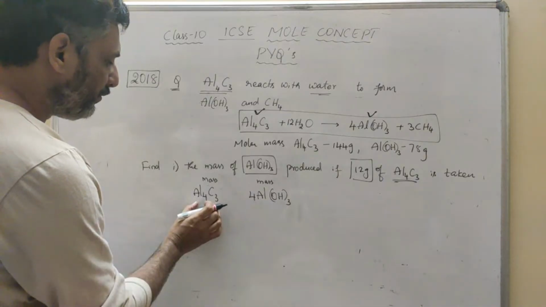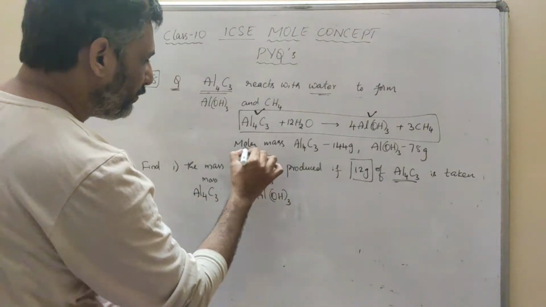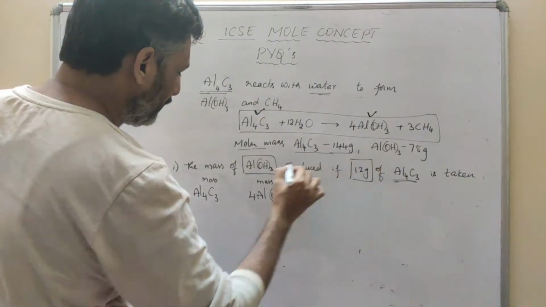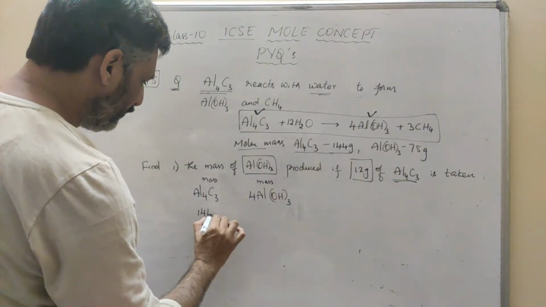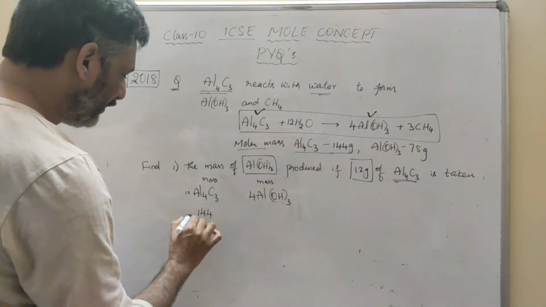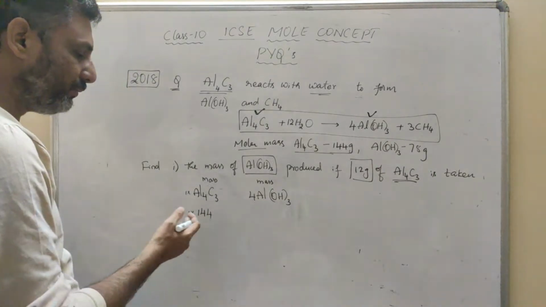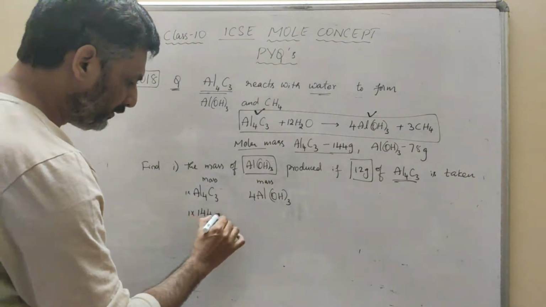So here you will take molar mass. The molar mass of aluminium carbide is already given, 144, so it is just 1 into 144, or simply 144 grams.